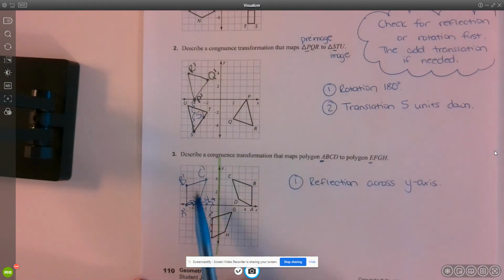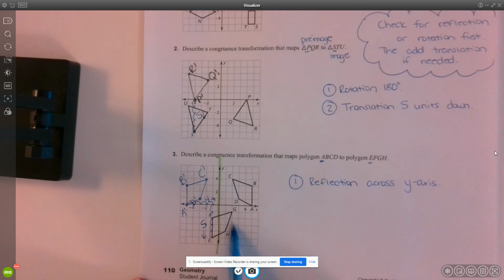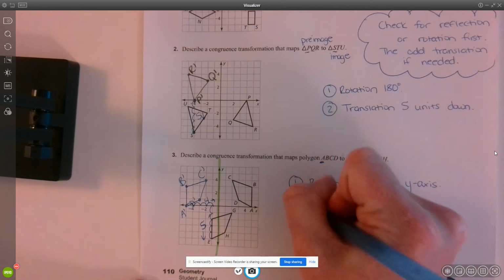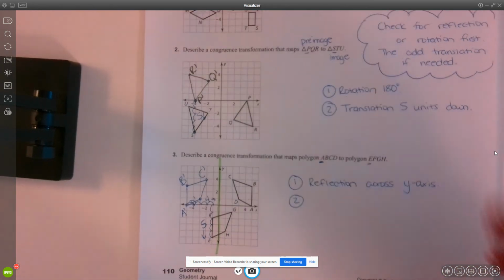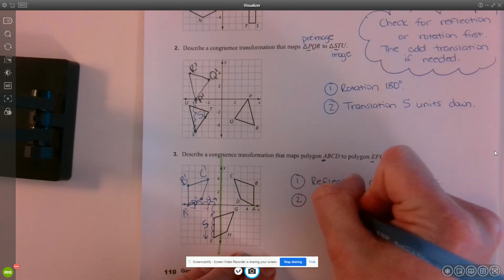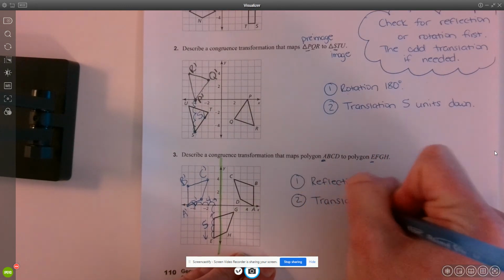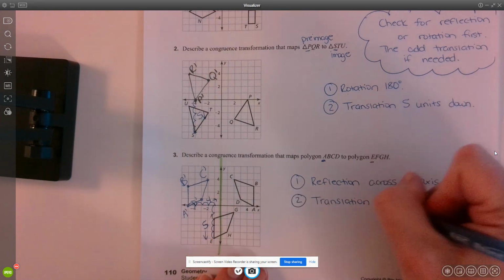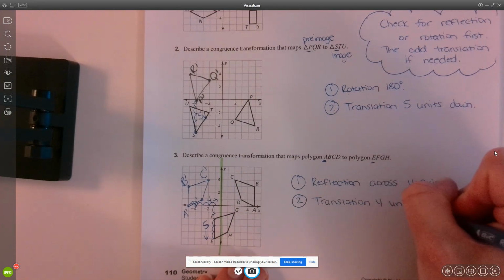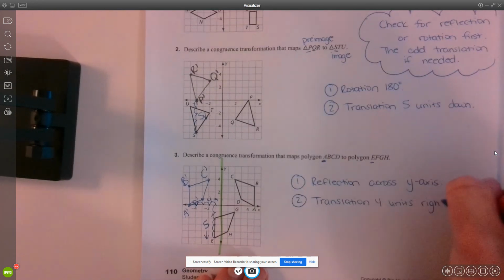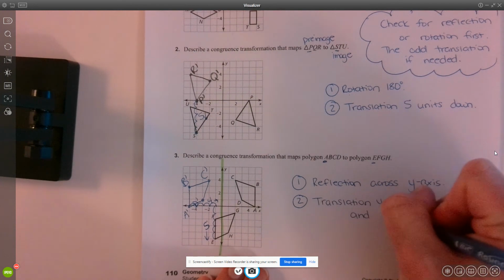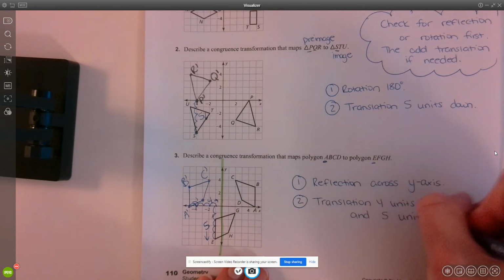Once I do that, this shape will map onto this polygon. So my second step in my congruence transformation is I need to perform a translation. We said 4 units right and 5 units down.